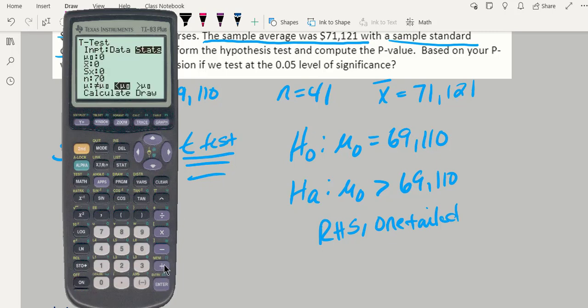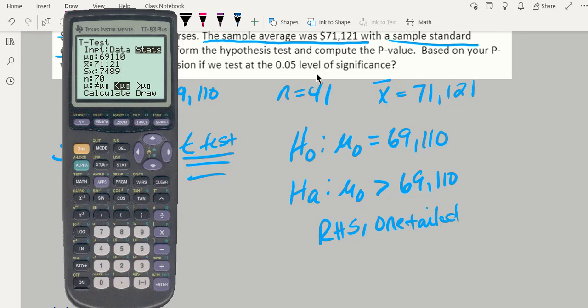Now we put in our population mean, which will be 69,110. Then we put in our X bar, which will be 71,121. Then we put in our sample standard deviation, which will be 7,489.